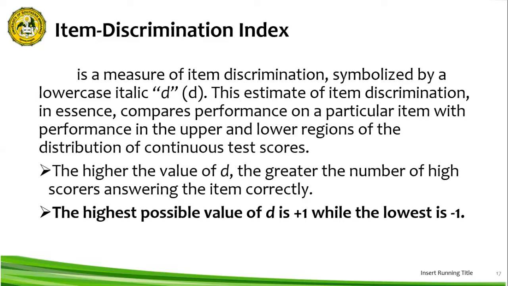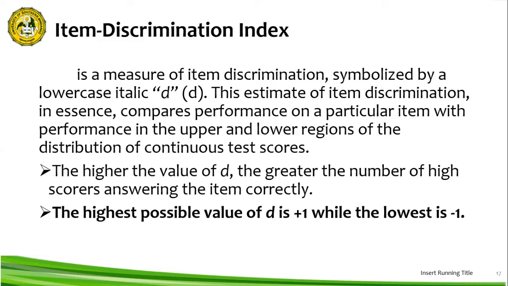It measures the difference between the proportion of high scorers answering an item correctly and the proportion of low scorers answering the item correctly. The higher the value of d, the greater the number of high scorers answering the item correctly.